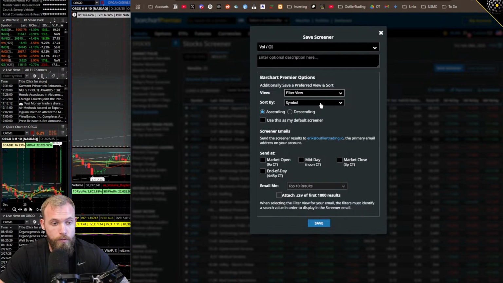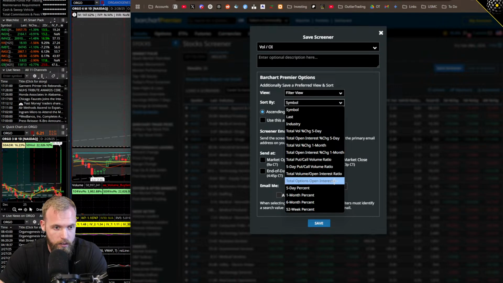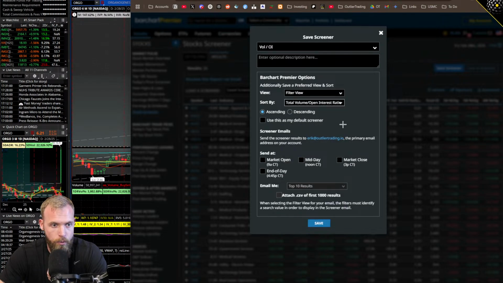So what we can do for something like this, again, if this thing will work as it should, is get an alert. We can essentially say, we want to sort this by the total volume over OI.